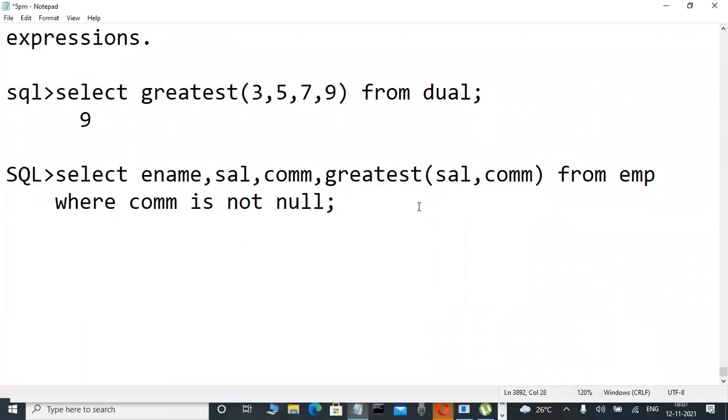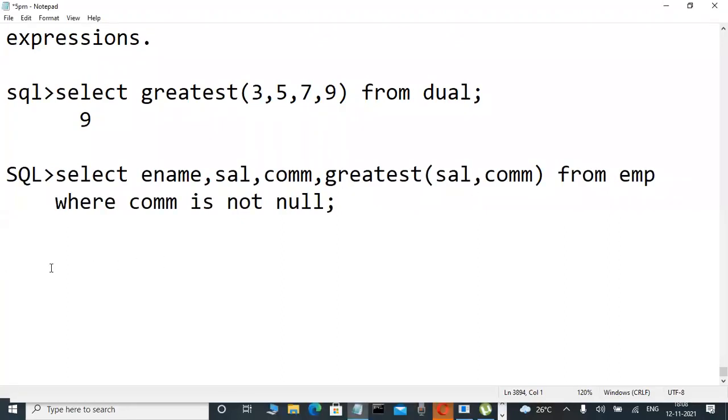Horizontally you have to check it out. LEAST means least only. Completed.